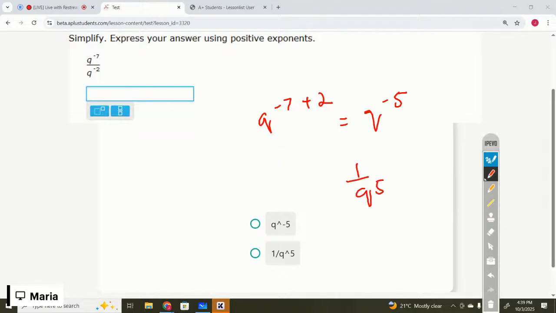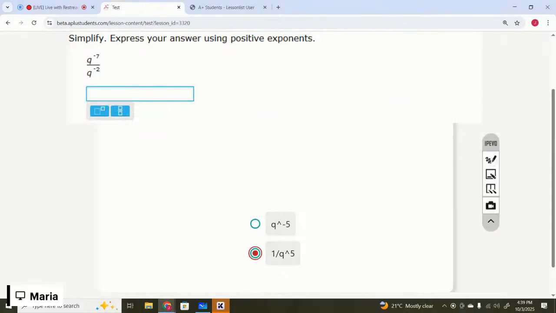That is 1 divided by Q exponent 5. That is 1 divided by Q5. Option number 2 is the correct option.